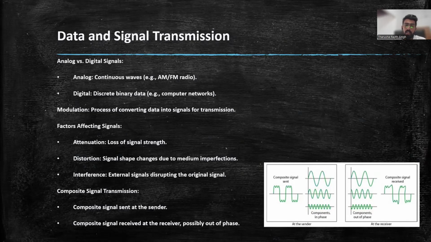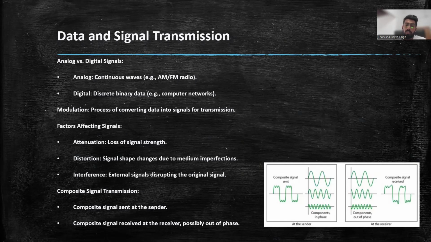Digital signals are discrete signals that represent data in binary form. Digital signals are more robust against noise and interference, making them ideal for modern communication systems like computer networks and digital televisions.